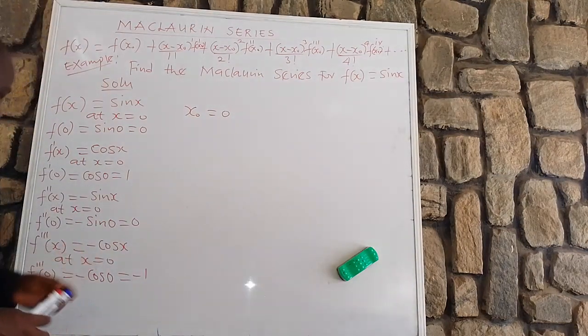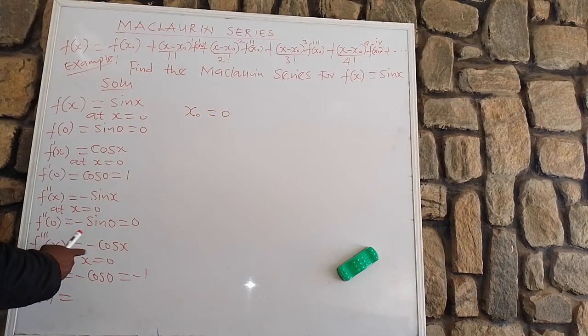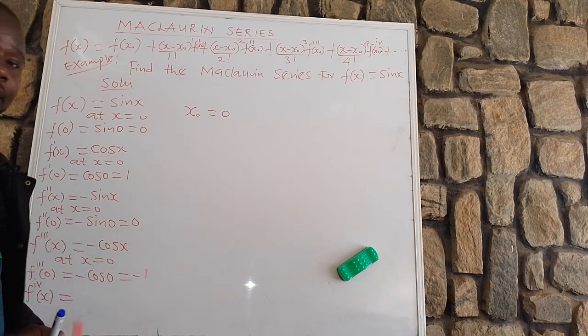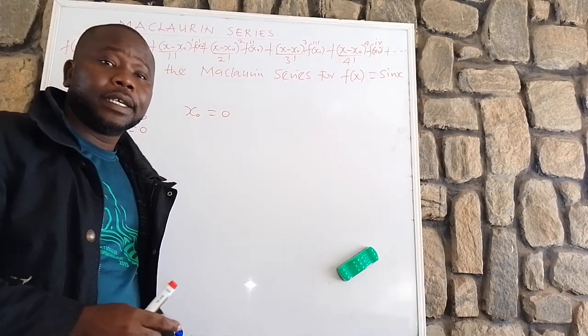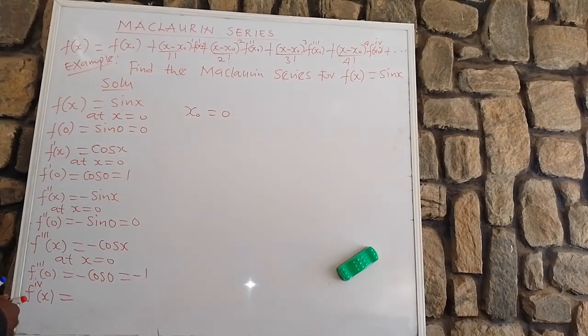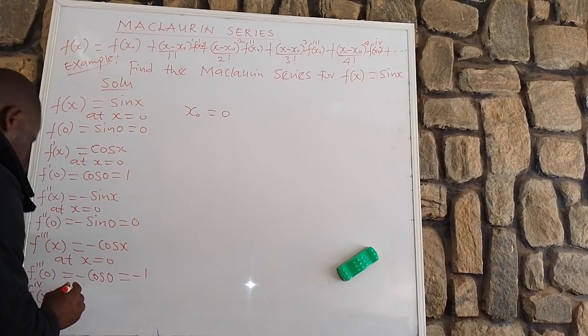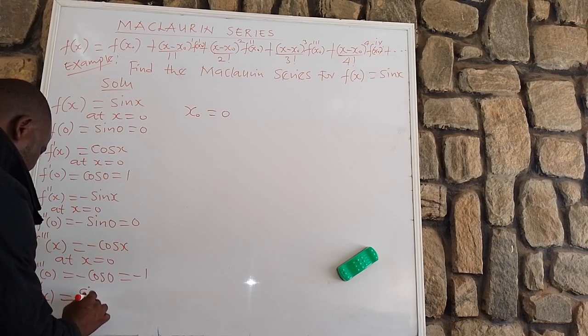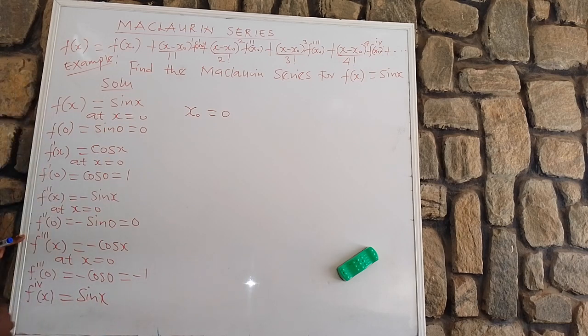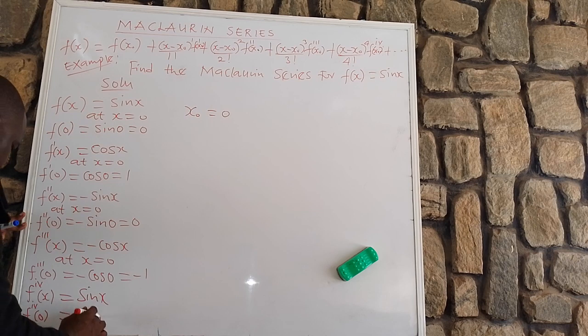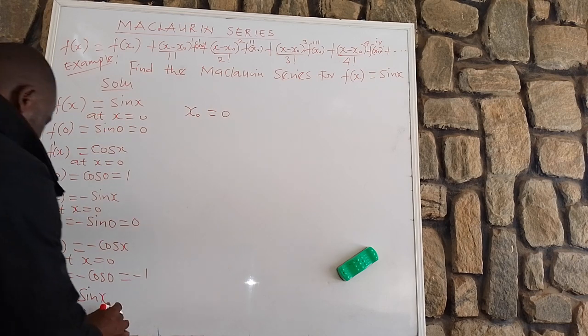You are supposed to have minus sine x, isn't it? So, minus sine x times minus gives you plus sine x. So here our f fourth derivative of 0 is equal to sine 0, which is 0.